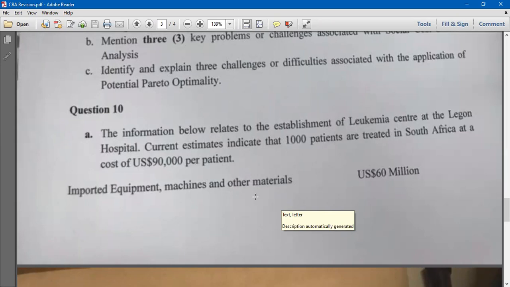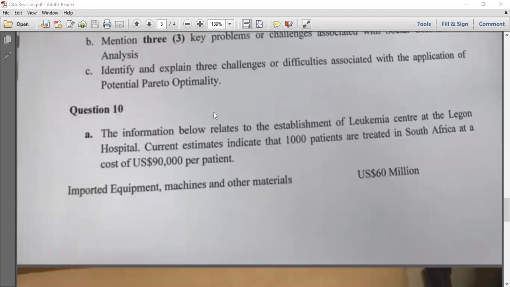So we subtract the price of imported raw materials from the total cost if we rather import the output. Here, importing the output means sending the patients to South Africa to get their treatment there. So let's look at the first part.